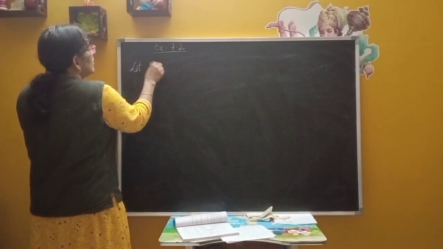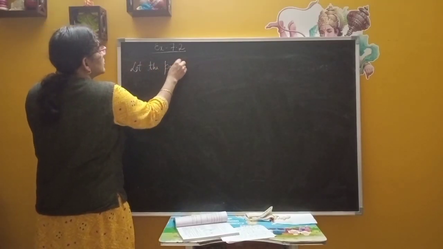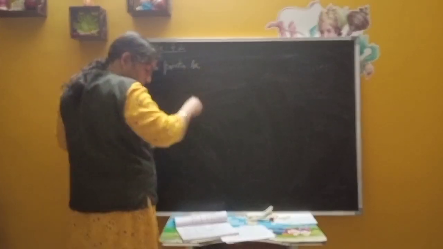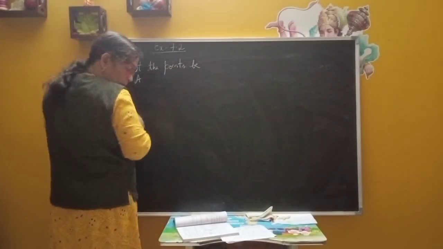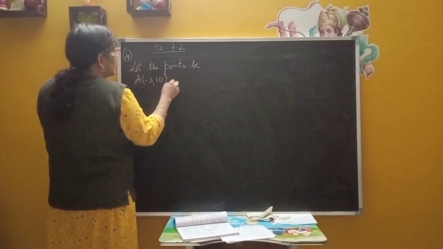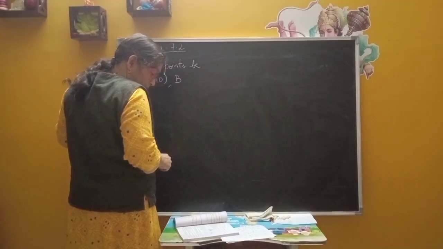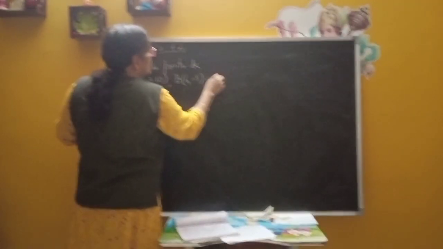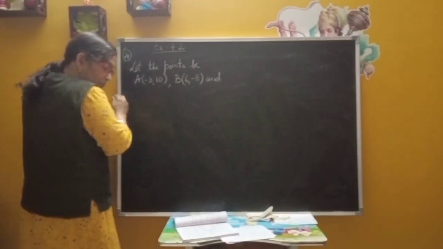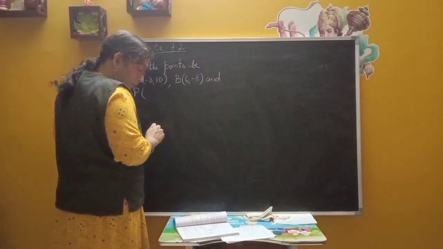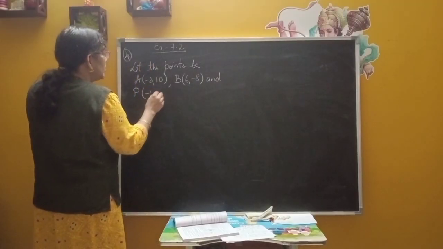So let the points be A (minus 3, 10), B (6, minus 8), and P, the point which divides, as (minus 1, 6).